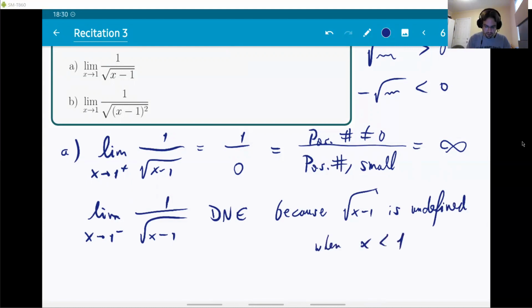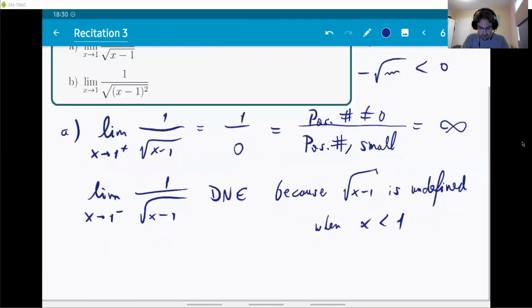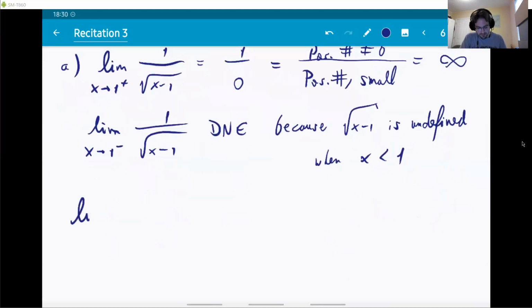If you're coming towards 1 from the left side, then x minus 1 is negative, and you cannot take a square root of a negative number when you're working with real numbers. So yeah, this limit cannot be taken from the left. You're coming from a place where the domain of the function doesn't even exist. So you actually only have a right limit for this function. And you do not have a regular limit because one of the one-sided limits did not exist.